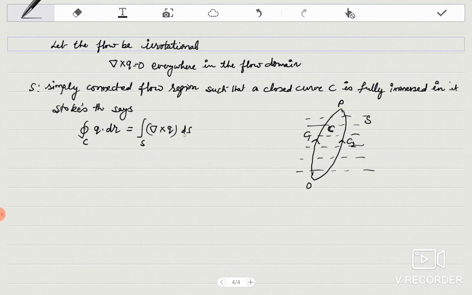Either I write dot n dS or I write dot dS, where dS is a vector. Now because del cross q is 0, this implies integral over C of q dot dr is equal to 0. Now I may write this C as OP plus PO.